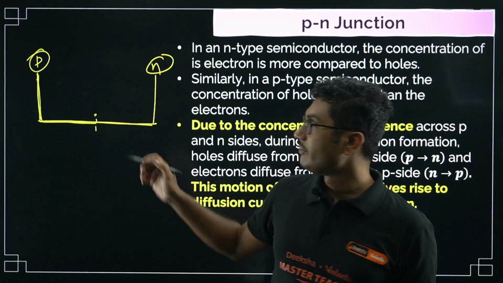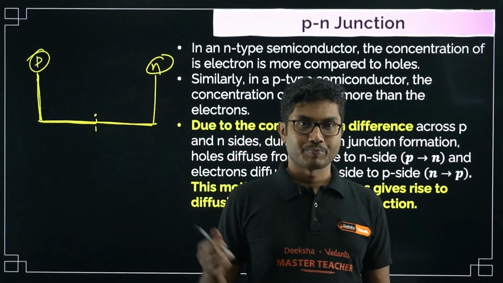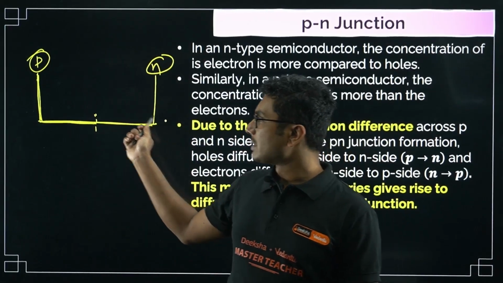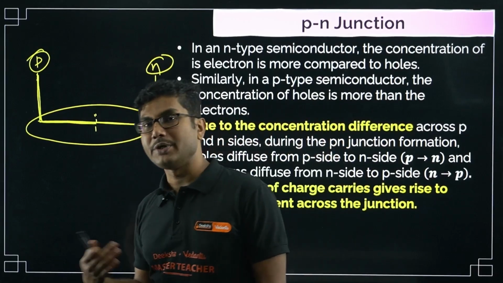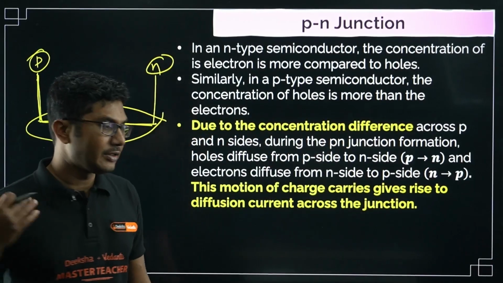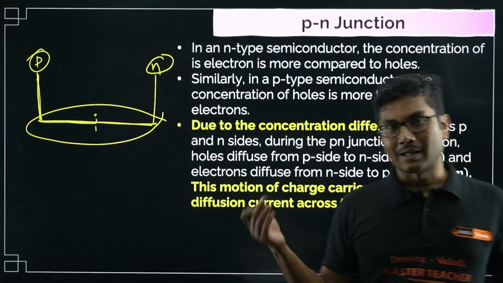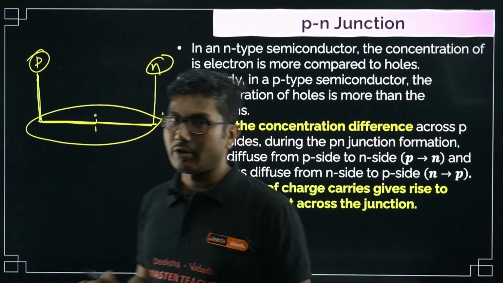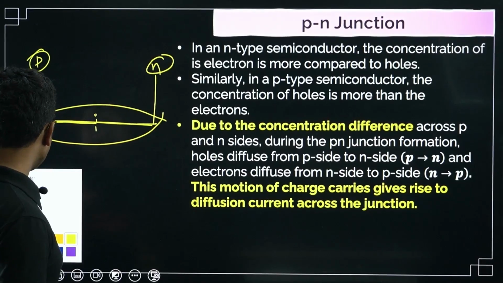It has to be made from a single piece of silicon or germanium. Very important. You cannot individually make P in one silicon, N in another silicon and then join them together. It will not work. Just for your information, this is just informative.